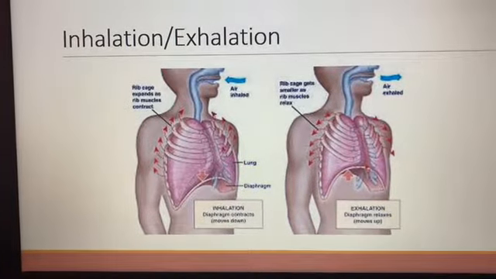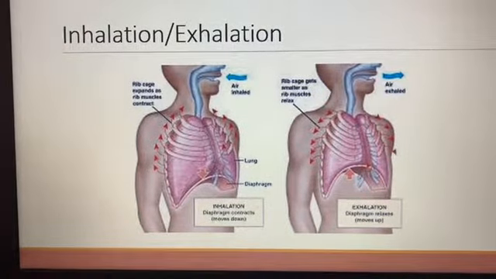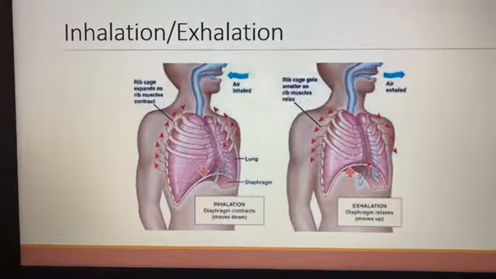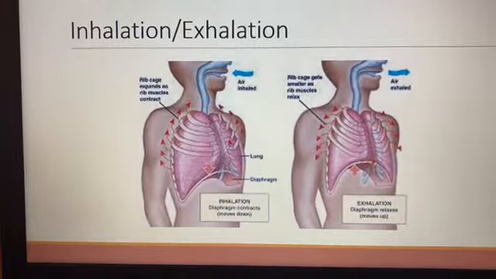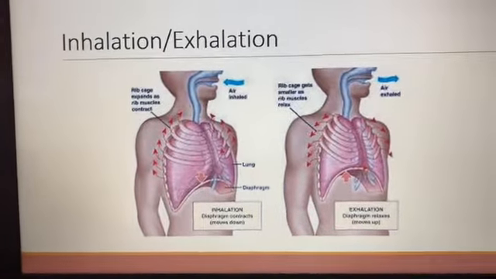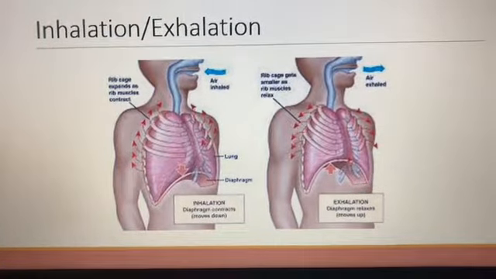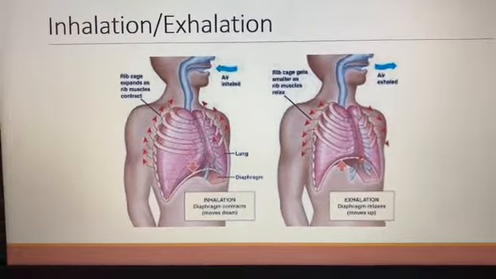The external intercostal muscle contraction leads to an elevation of the ribs and sternum. Both of those activities lead to lung expansion.